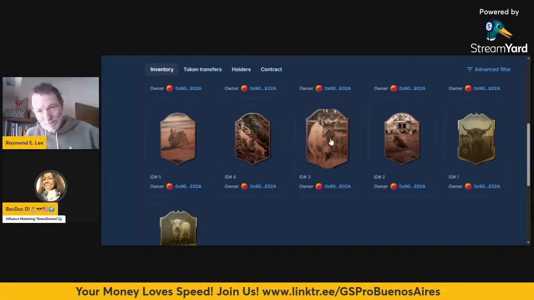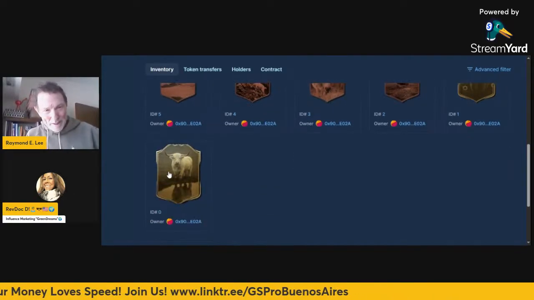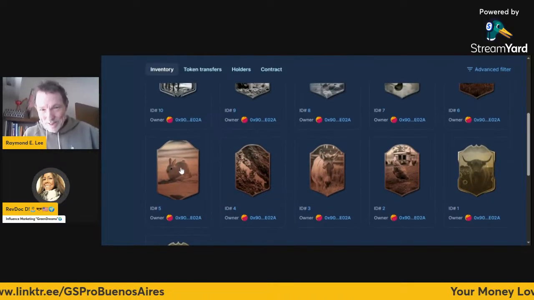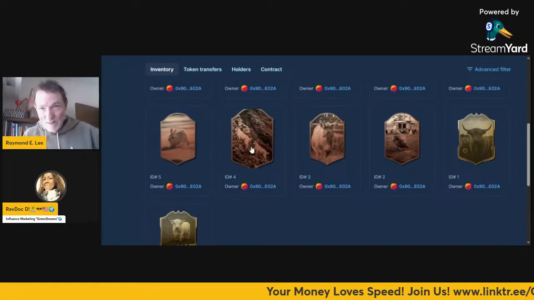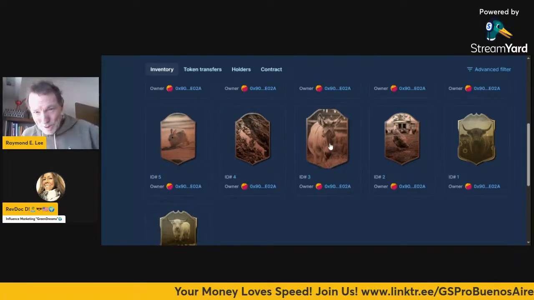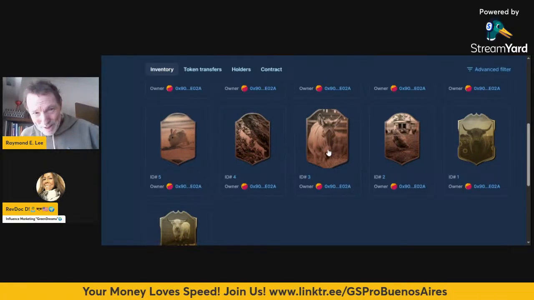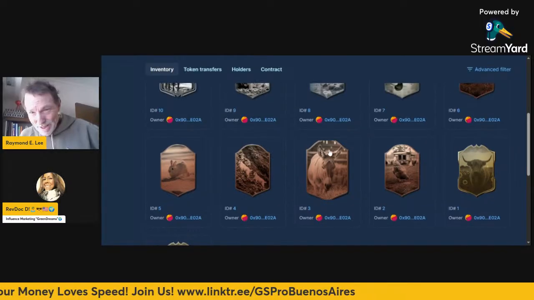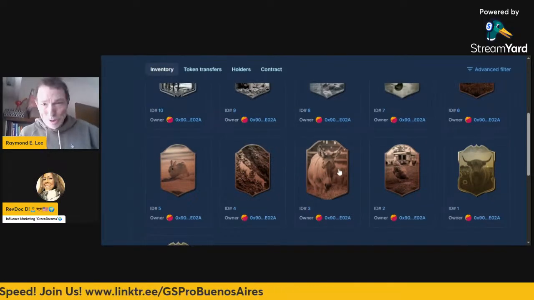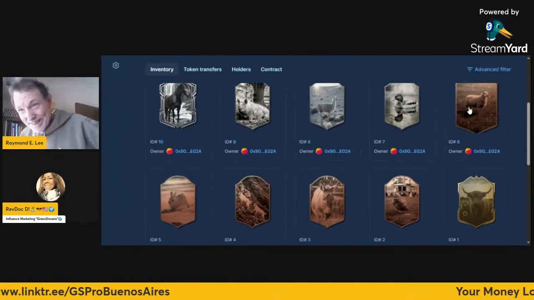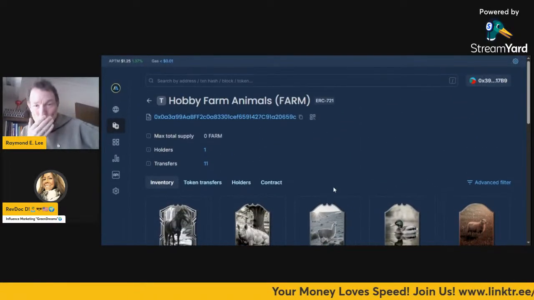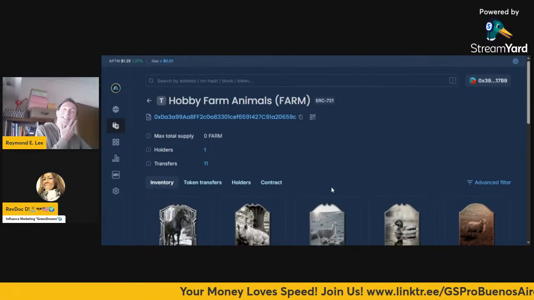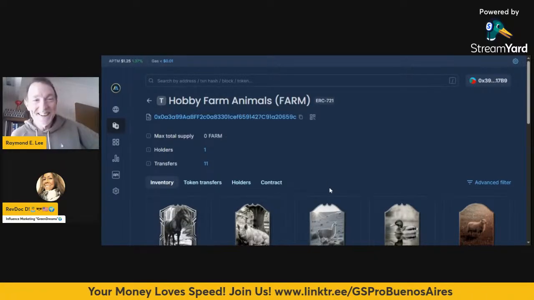Then we've got a lamb. No, these are goats. And a donkey, or it could be an ass. There's a sheep and a chicken. Anyway, some great assets.